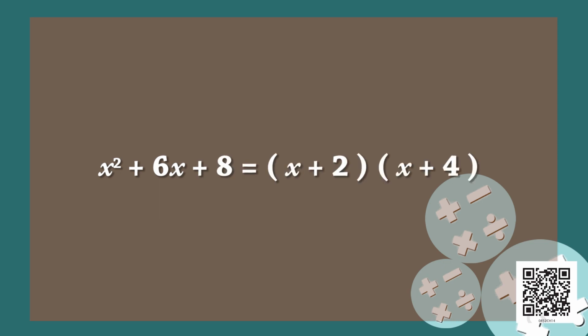Hence, we can write x square plus 6x plus 8 is equal to x plus 2 into x plus 4. Thus, the required factors of the given algebraic expression are x plus 2 and x plus 4.